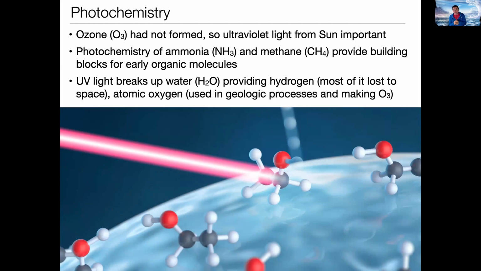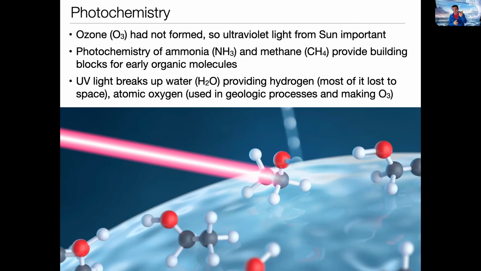Okay, so in particular, the photochemistry of ammonia, NH3, and the photochemistry of methane, CH4, is important because when ultraviolet light breaks up these two compounds, it leaves behind building blocks that can be used then to build the components of what we call organic molecules, which eventually lead to the building blocks of nucleic acids and proteins, what we call amino acids.